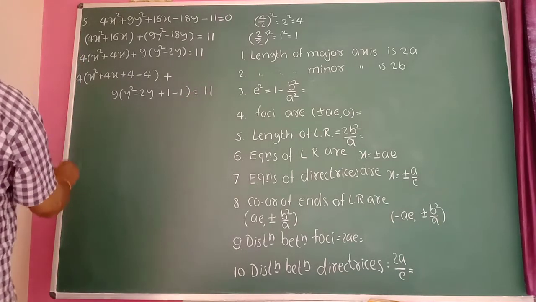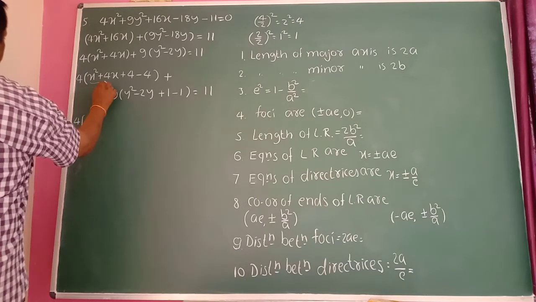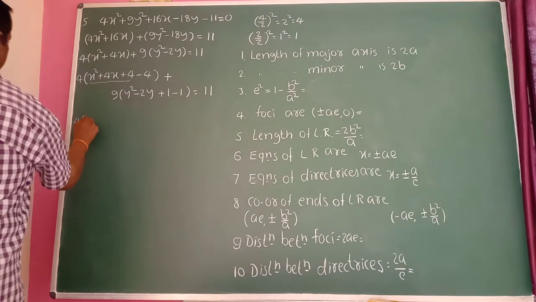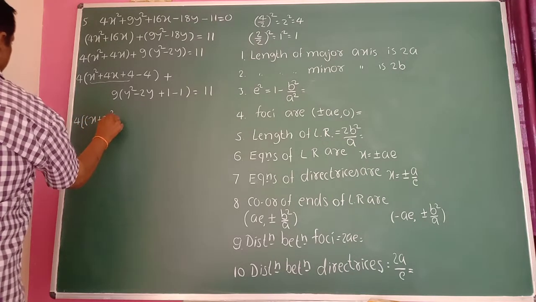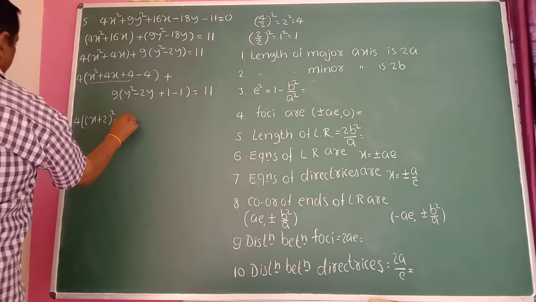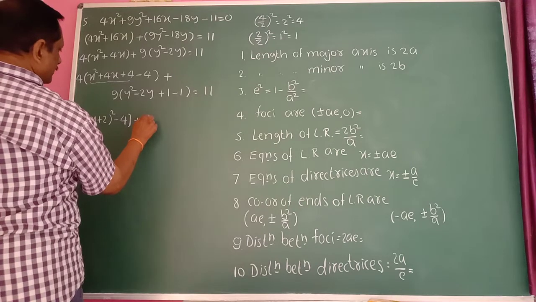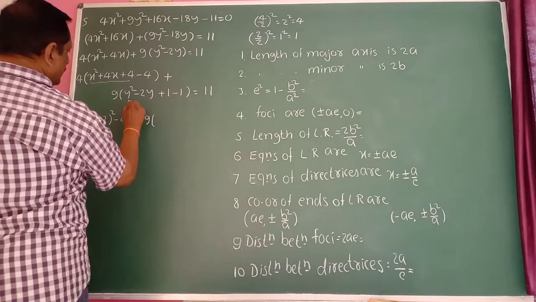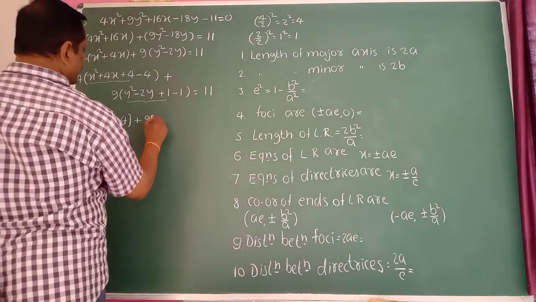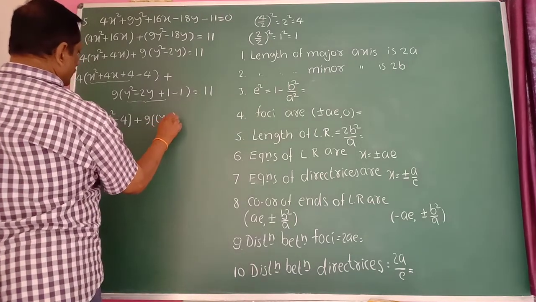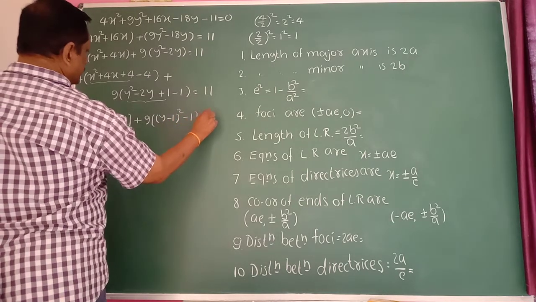Then 4 into, these 3 terms can be written as x plus 2 whole square minus 4. Then plus 9 into bracket y square minus 2y plus 1, which is y minus 1 whole square, minus 1, is equal to 11.